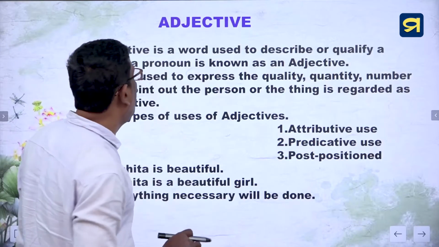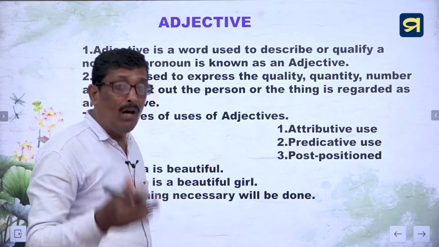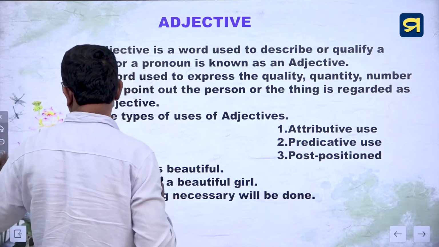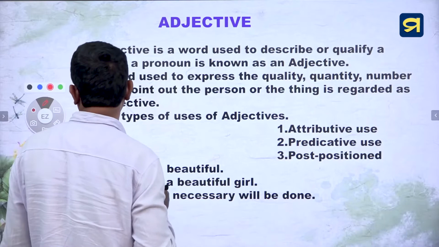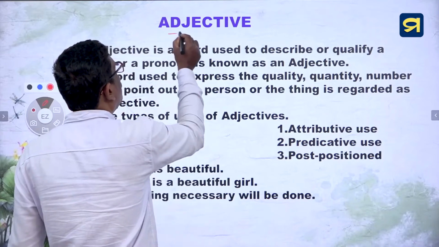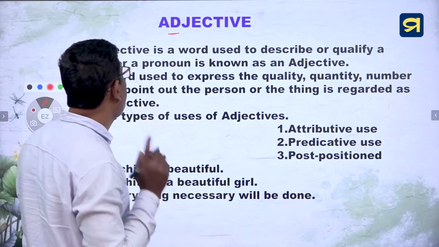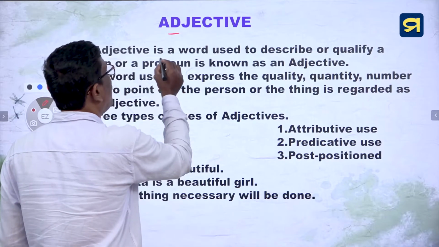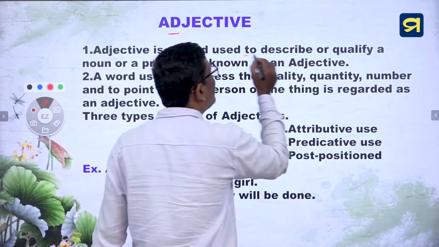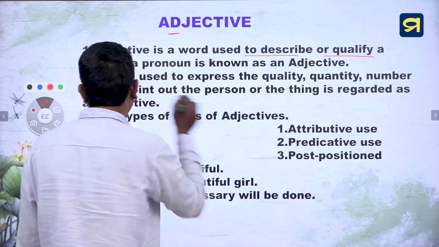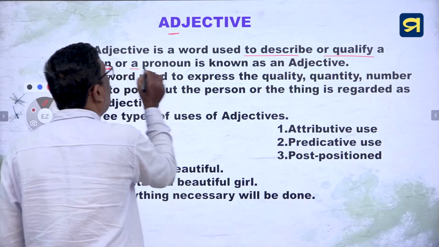So, we have completed pronouns and right now we proceed towards adjectives. Dear students, while you pronounce the word, we should not pronounce the adjective. What is adjective? Adjective is a word used to describe or to qualify or to modify a noun or a pronoun.